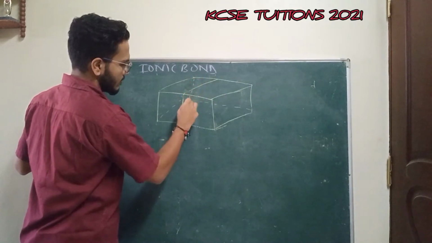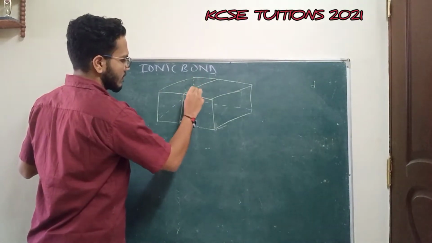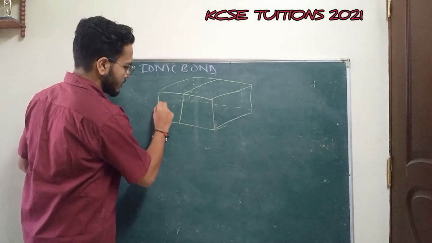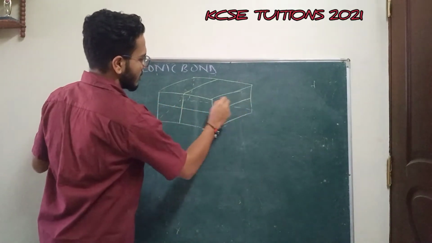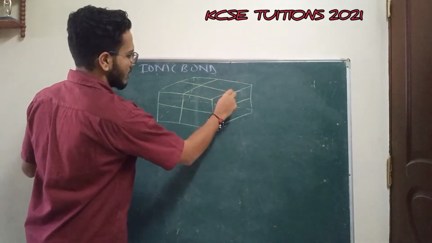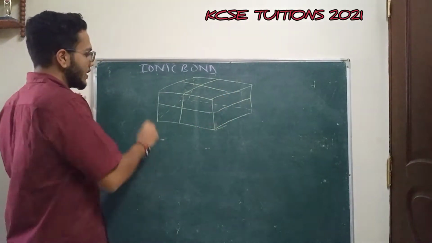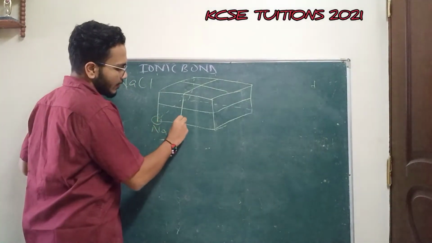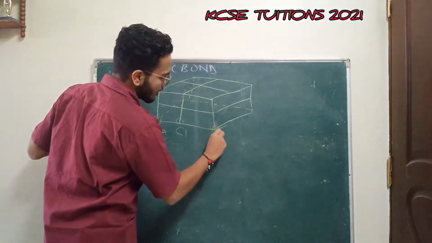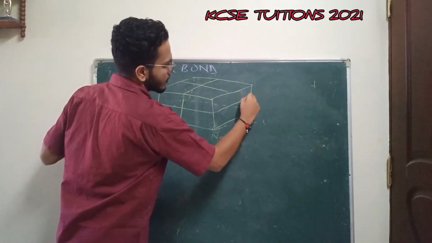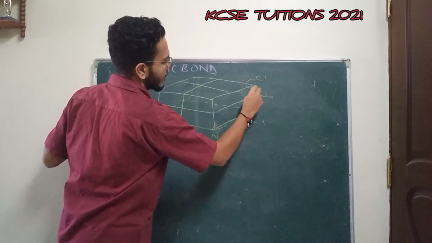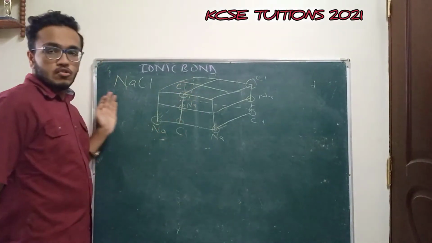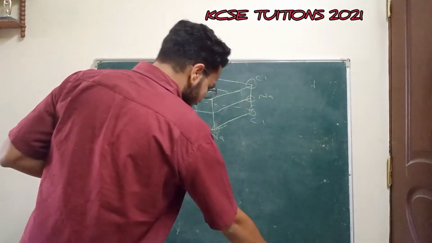I'm not an artist. So in a giant ionic structure, the cations and anions alternate. For example, we have sodium chloride. So here we will have sodium. Here we will have the chloride ion. Sodium, chloride. If this is sodium, this is chloride. So the ions alternate with each other in the giant ionic structure.